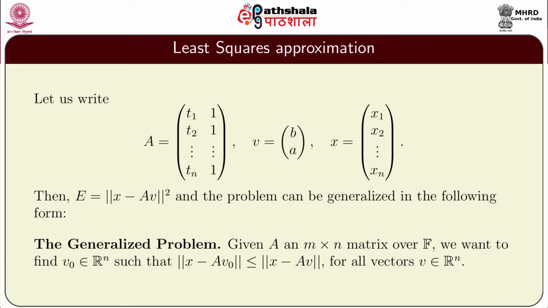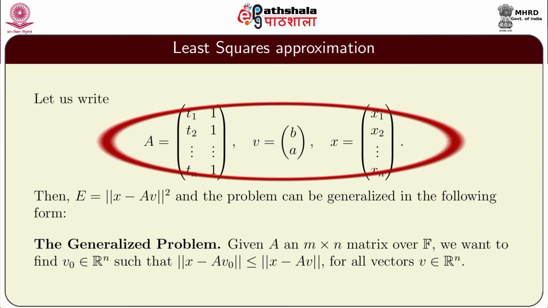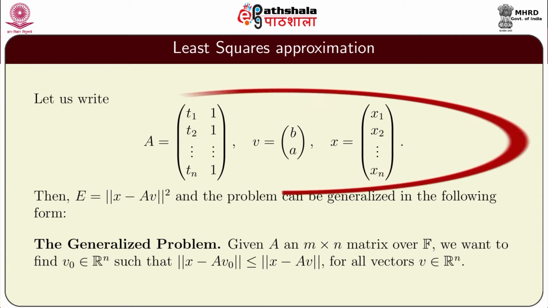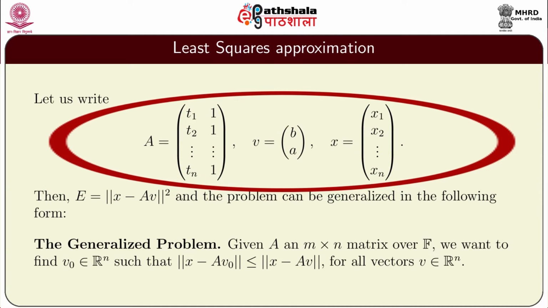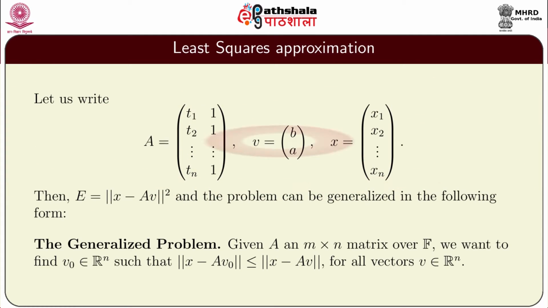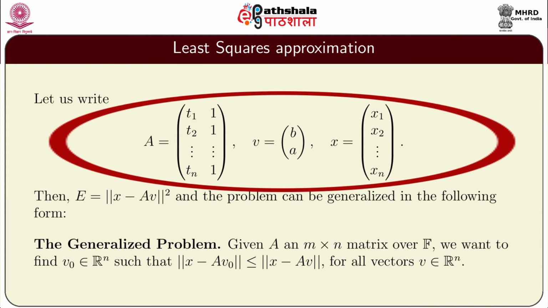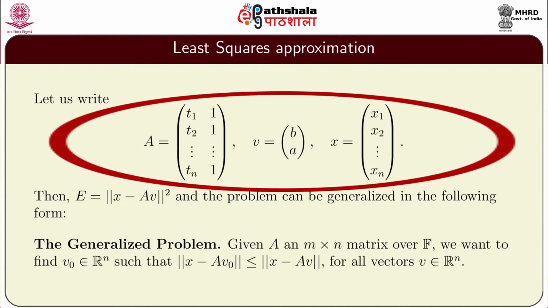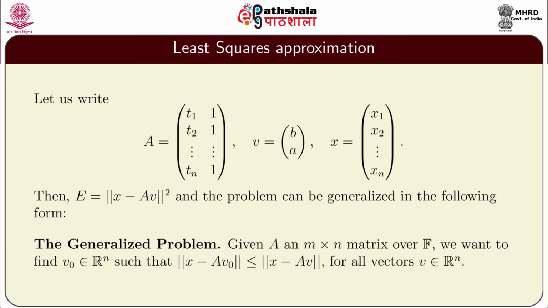If we rewrite this problem in matrix notation, then this matrix A, which is an n cross 2 matrix, is given by the first row t1 1, second row t2 1 and so on, the nth row tn 1, and then V is this column matrix (b, a), and X is this column matrix x1, x2 and so on xn. Then E is nothing but the norm of X minus AV, squared.